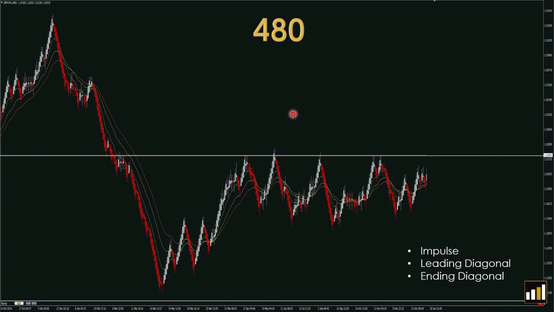So zooming into the 480 here, it is looking for targets. In the beginning we were talking about Elliott wave. We had what we call motive waves. Now a motive wave is divided into various things here: an impulse move up, or leading diagonal, or an ending diagonal.